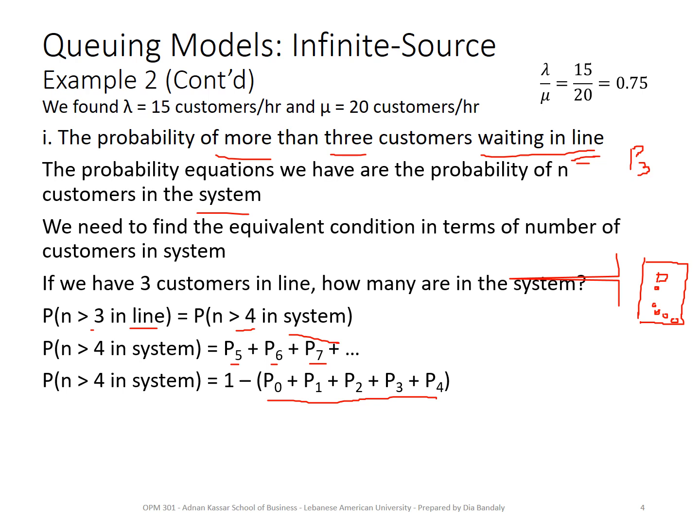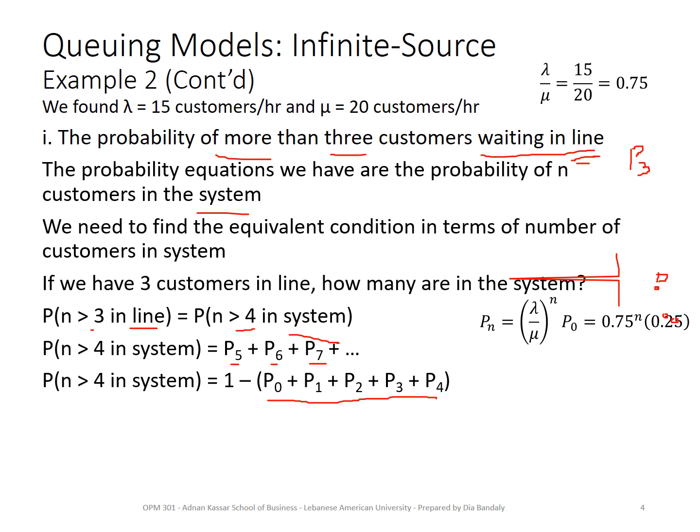Now P0, we got it before. It was 0.25. We need to find P1, P2, P3, P4 using the formula. And the formula is given to us as Pn equals our ratio again, lambda over mu to the power n times P0.